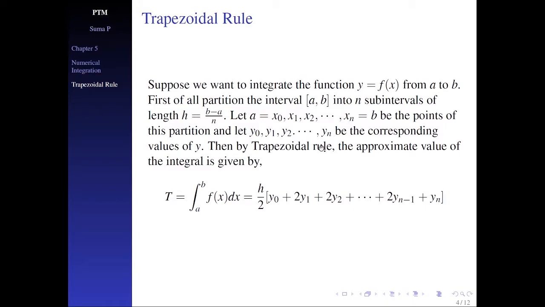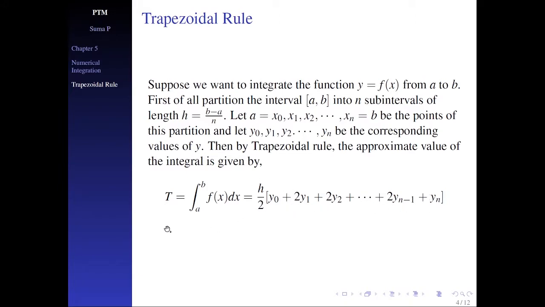yn. Then the trapezoidal rule formula is: integral a to b f(x) dx is equal to h by 2 into (y0 plus 2y1 plus 2y2 plus etc. 2yn minus 1 plus yn). Here y0 and yn have coefficient 1, and all the others have coefficient 2.